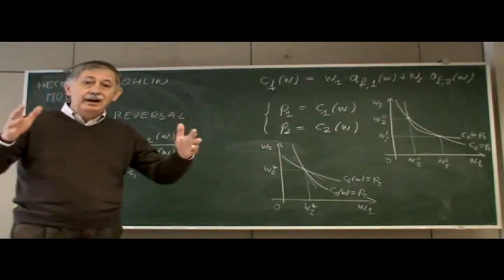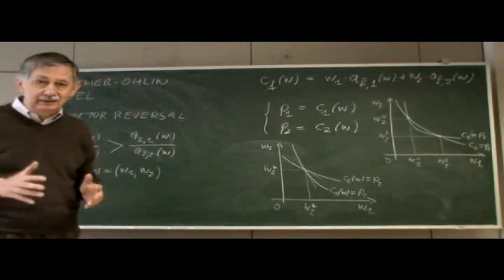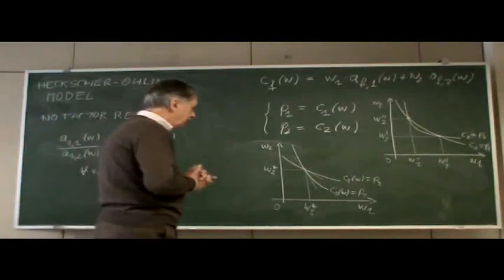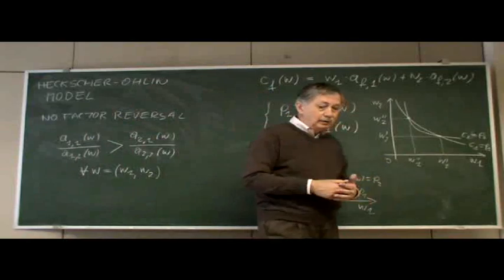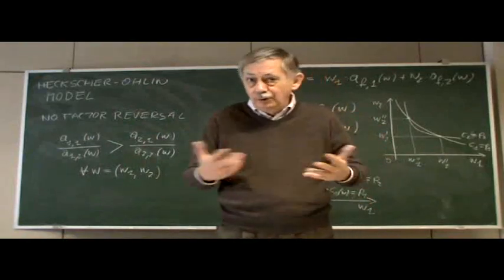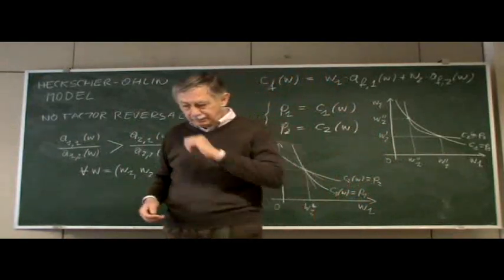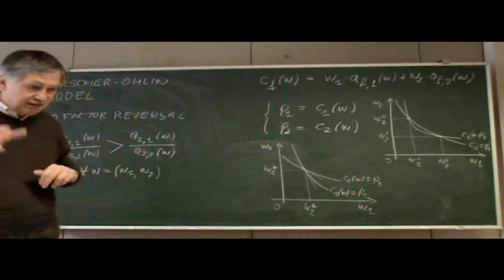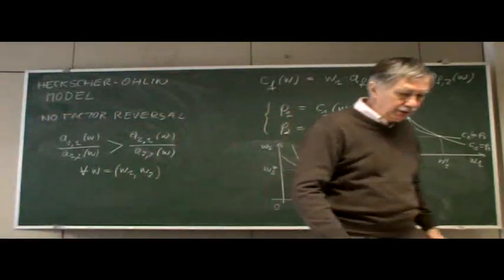This is a very, very fundamental result in international trade theory. But it also holds for a closed economy, of course. Well, let us have a small interval and then we shall conclude.